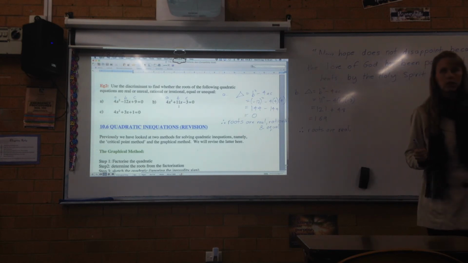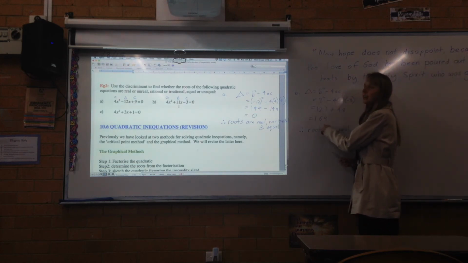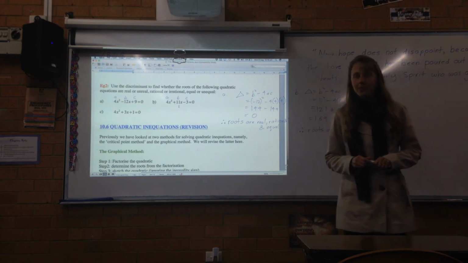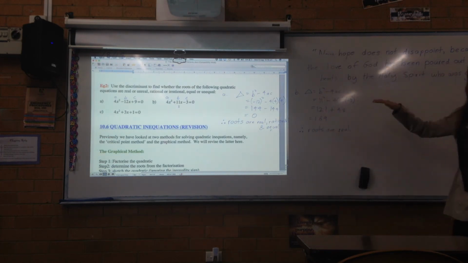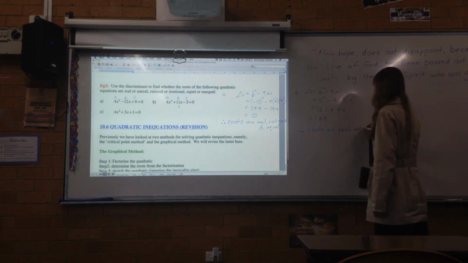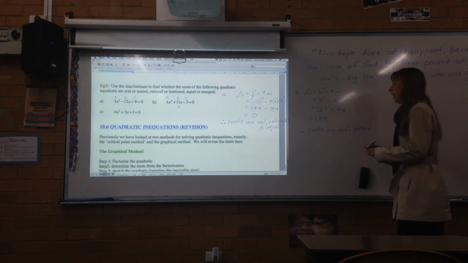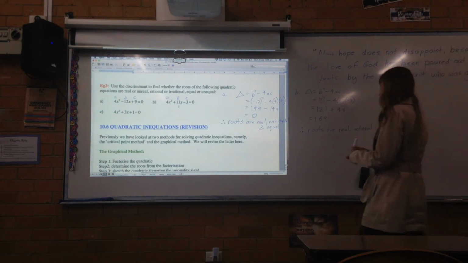Why? Because this number is a perfect square. It's 13 squared. 13 squared is 169. So because it's a perfect square, we can say that they are rational. And are they going to be equal or unequal? Unequal. They're two different ones.